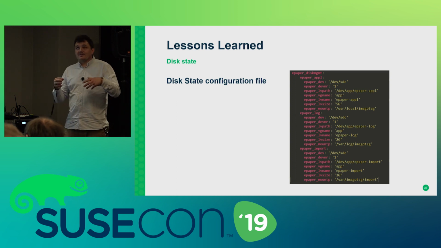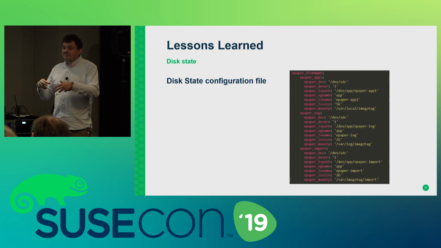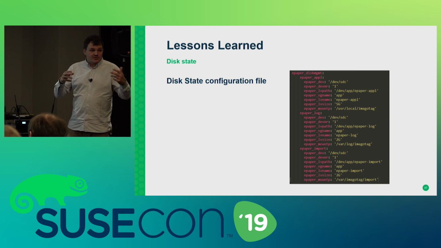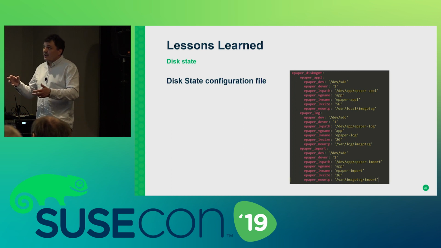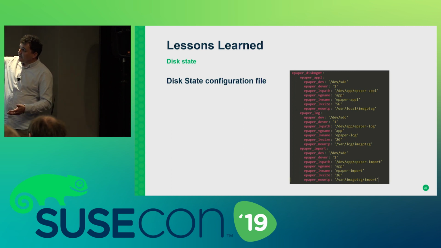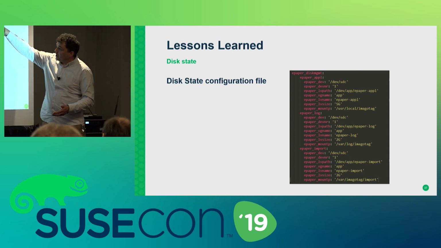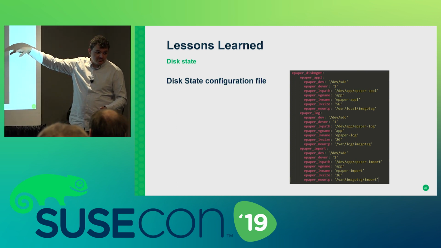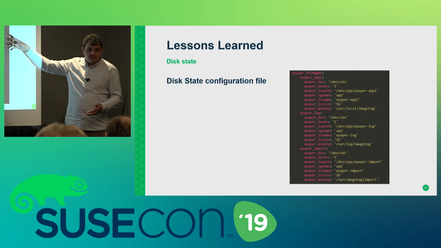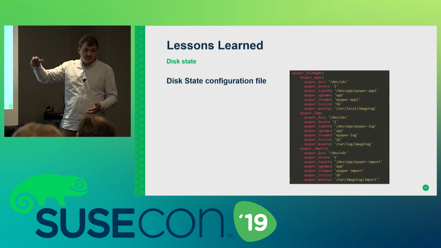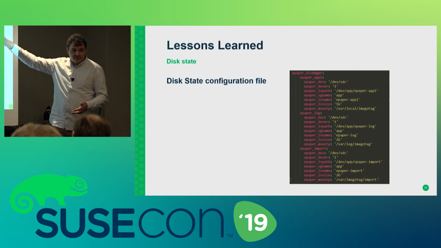This is something in Salt that is a bit difficult to do, so we provided a better solution for them to start off. The only thing they had to do was give us this configuration, and each of these blocks is basically a mount of a disk, and all they have to do is mount a big enough disk to the VM before they start it, before they configure this.